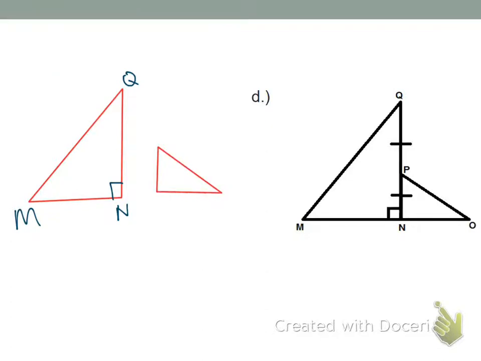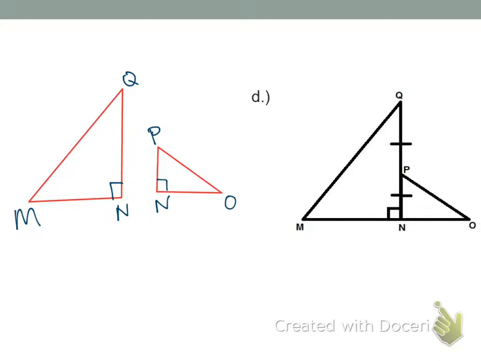There we go. PNO. And we know a little bit of information about these that we don't have marked yet. We know that angle N in our small triangle is also a right angle. Okay, remember, if you've got two lines that meet at a right angle, there are technically 4 right angles that would exist all the way around.